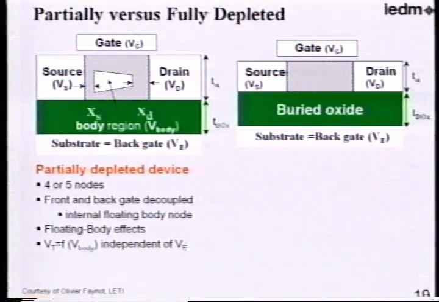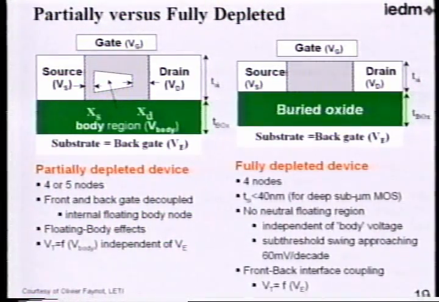While in the fully depleted case, you have basically 4 nodes, because this becomes fully depleted, so there's no floating body if it's thin enough. It has to be thin enough that you get it fully depleted, but also it has to suppress short channel effects. If this gets too thin, the doping here being depleted is lighter, so you can get the interaction between source and drain easier.